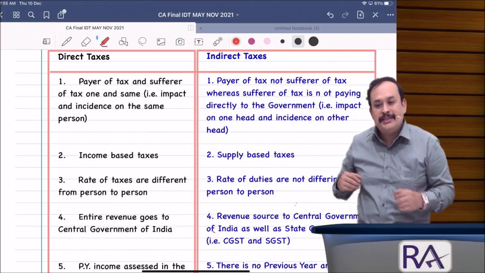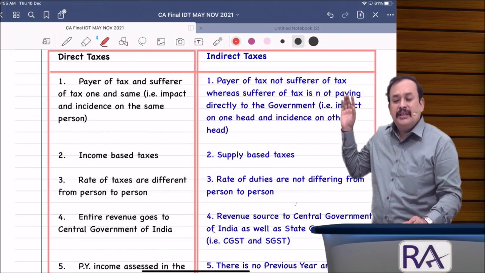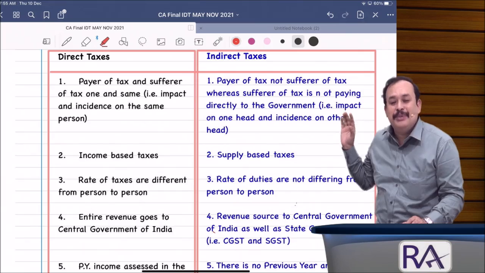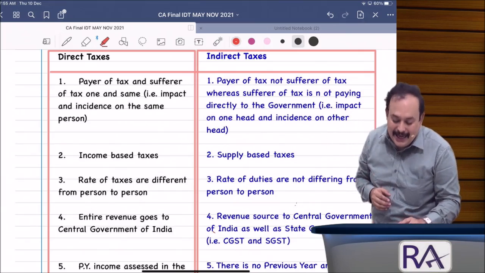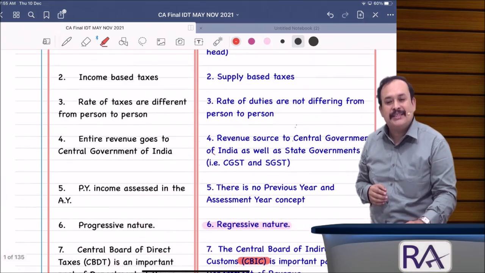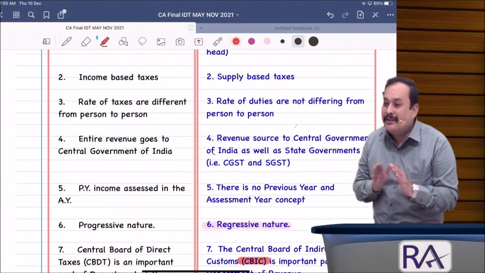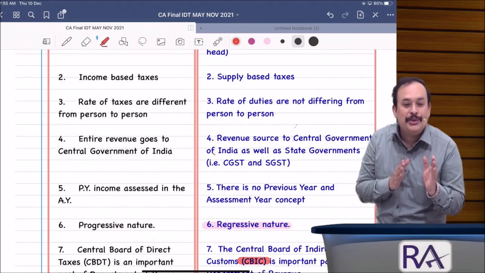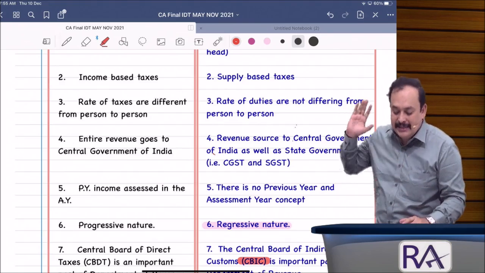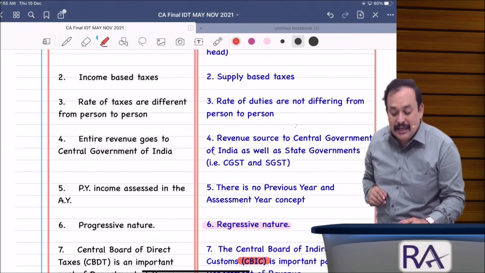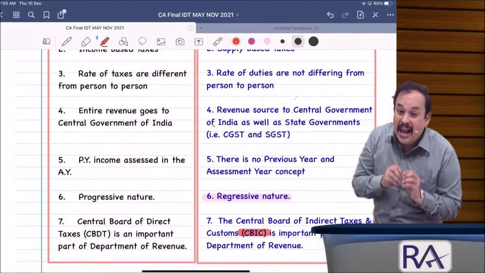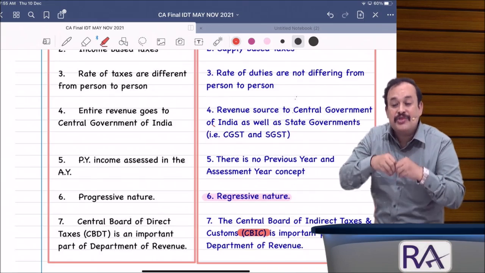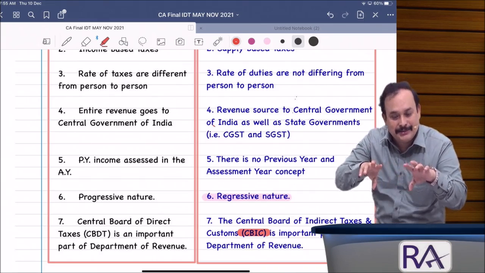Indirect taxes are a transaction-based, supply-based tax. The rate of tax is uniform and does not differ from person to person. The revenue is shared by the Centre along with the states as well as union territories.